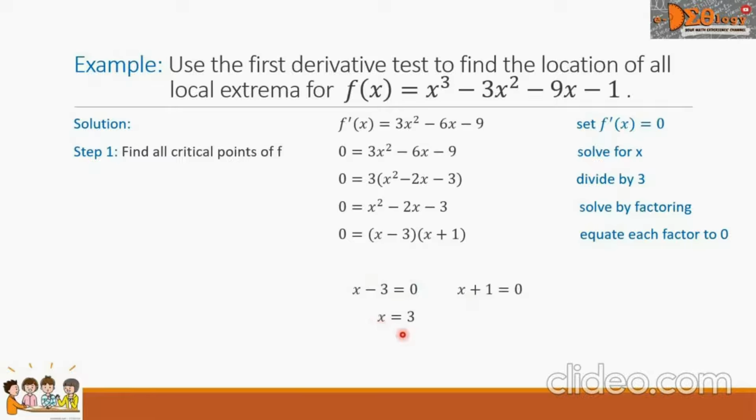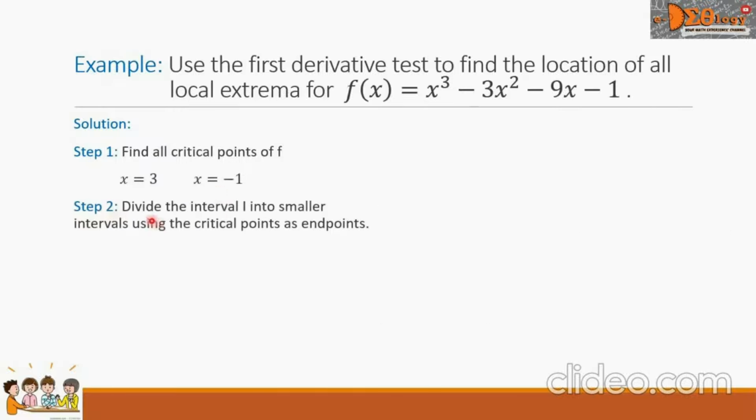So x is equal to positive 3. And in the other equation, x plus 1 equals 0, the x value here becomes negative 1. We can see here that we have two critical points, when x is equal to 3 and x is equal to negative 1. Let us copy these critical points under step 1, just like we have here.